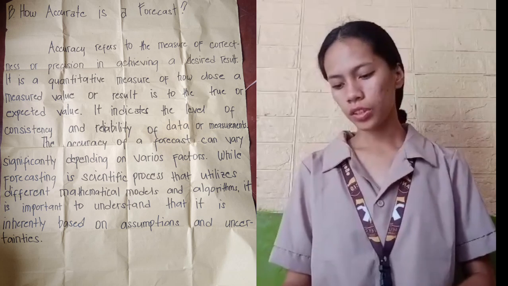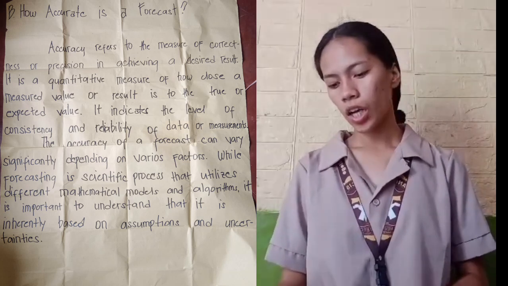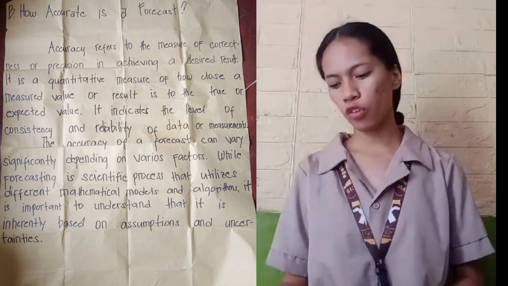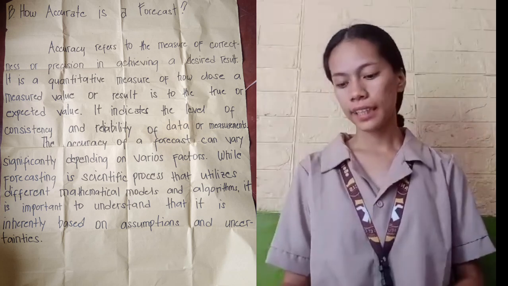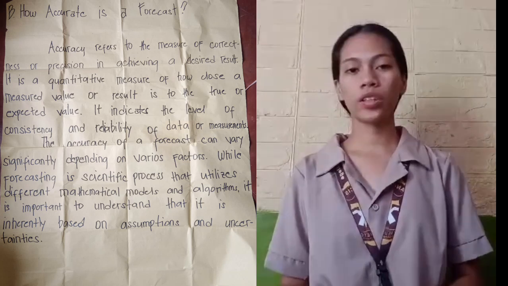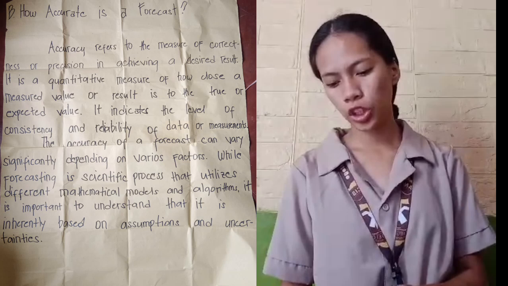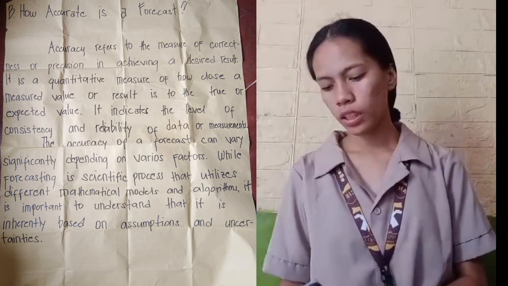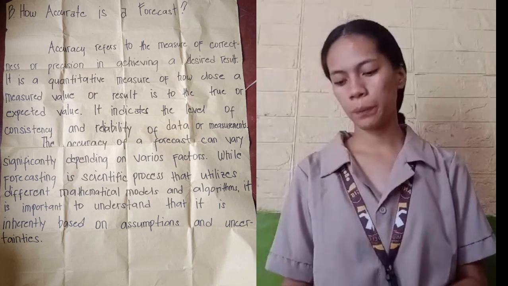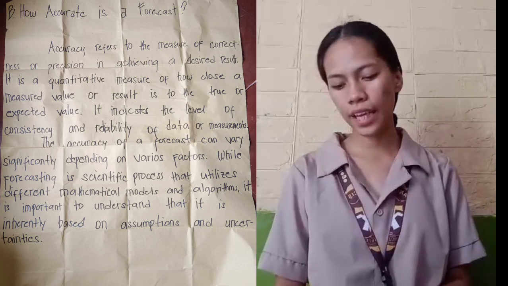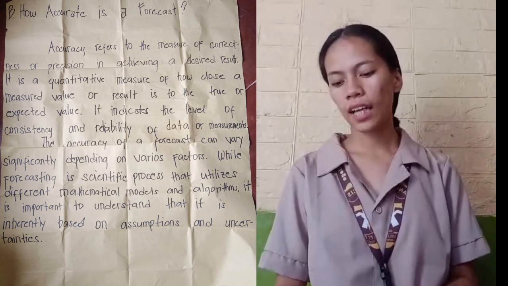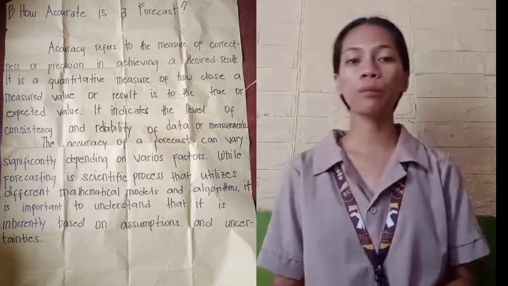So, how accurate is a forecast? Accuracy refers to the measure of correctness or precision in an intended or desired result, and it is a quantitative measure of how close a measured value or result is to the true or expected value. It indicates the level of consistency and reliability of the data or measurement.